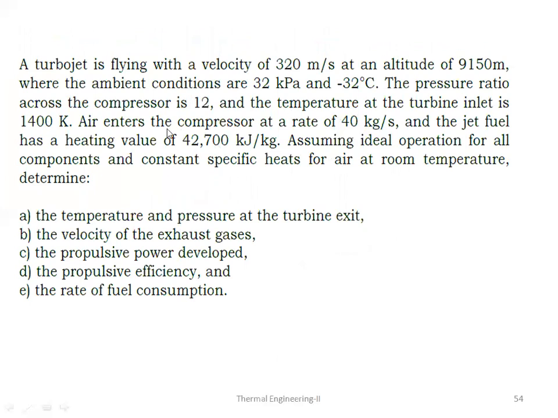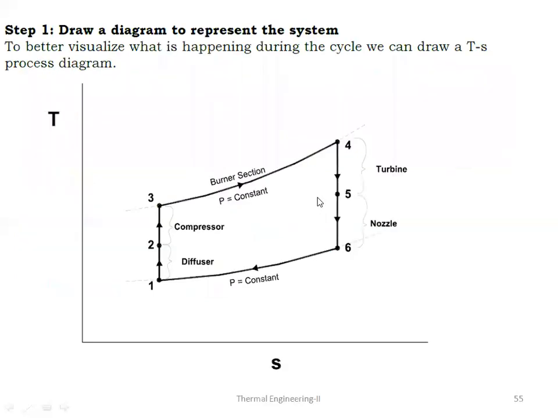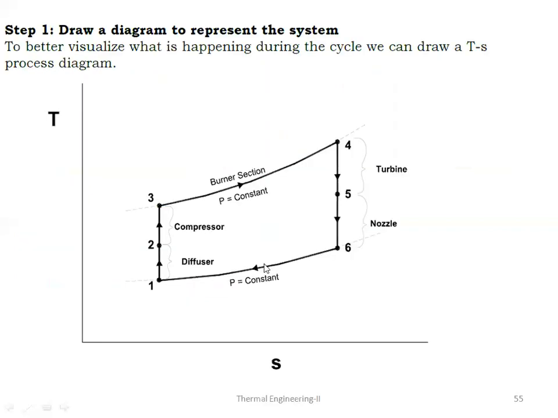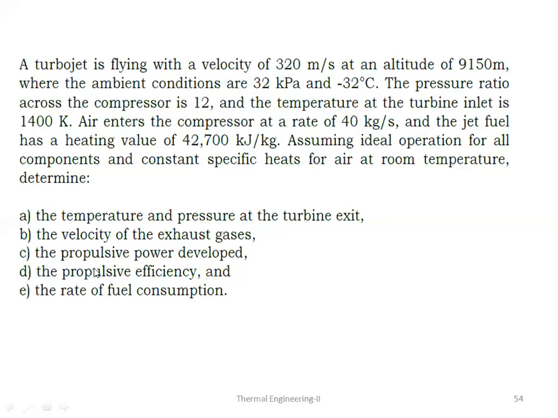So these are the data given in the problem. Using this data, we need to find the temperature and pressure at the turbine exit, meaning at point 5. The second one is the velocity of the exhaust gases, which is the velocity of the gases leaving the nozzle at point 6. We also need to find the propulsive power developed, the propulsive efficiency, and the rate of fuel consumption.